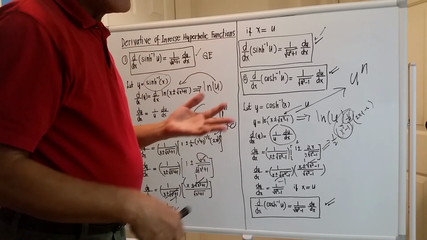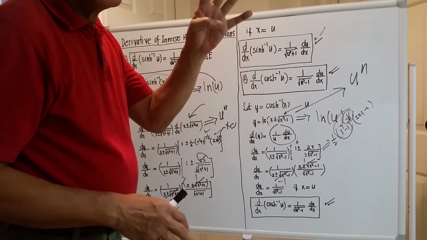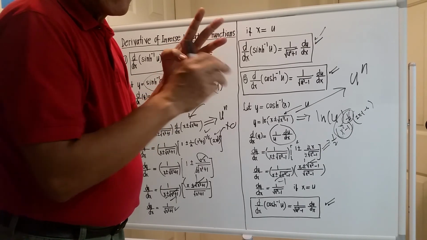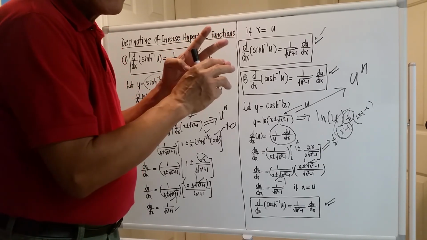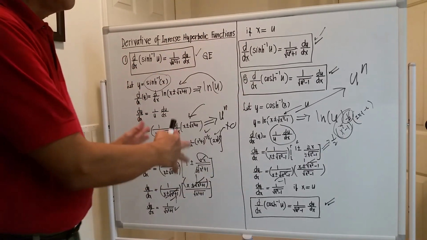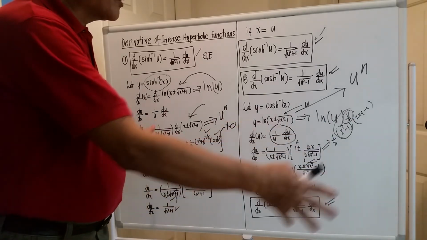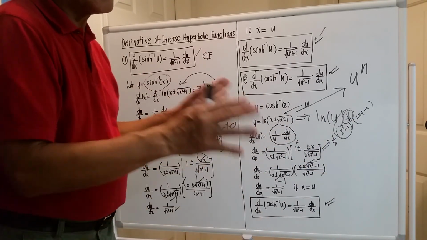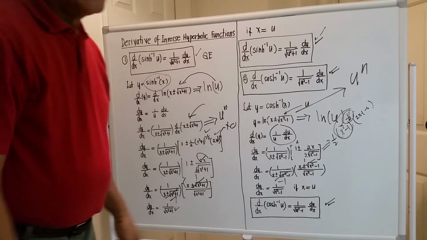So the next time around, we still have 4: the inverse hyperbolic secant, cosecant, tangent, and cotangent, all inverse. Because of time constraints, that's why I am only discussing 2 topics at one time.